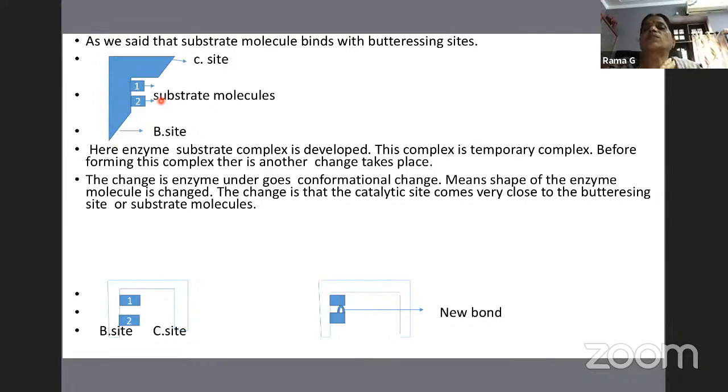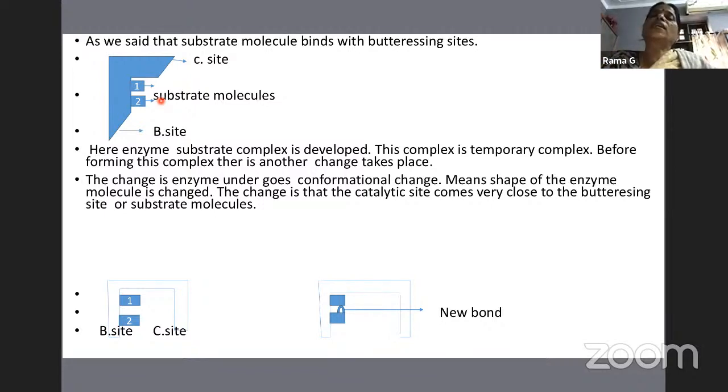Before forming this complex, there is another change that takes place. What is that change? It is in this catalytic site, before the formation of the enzyme substrate complex.